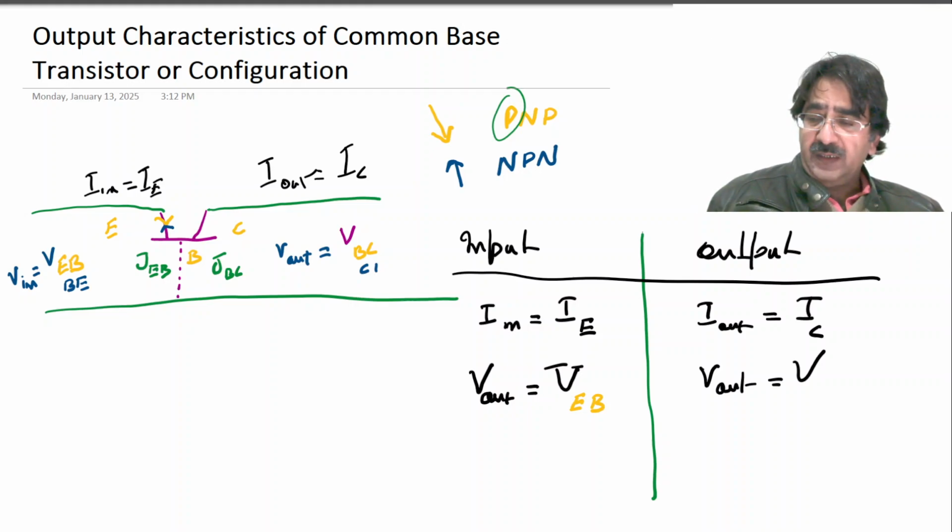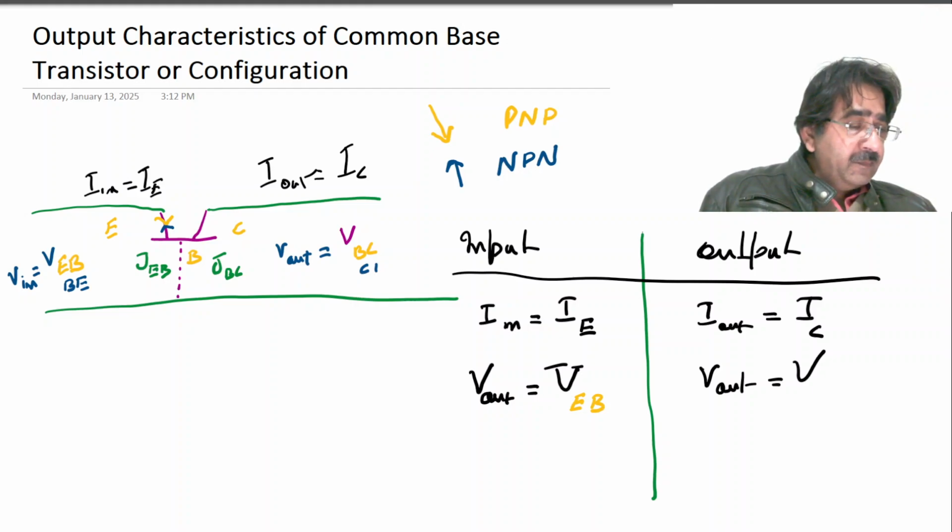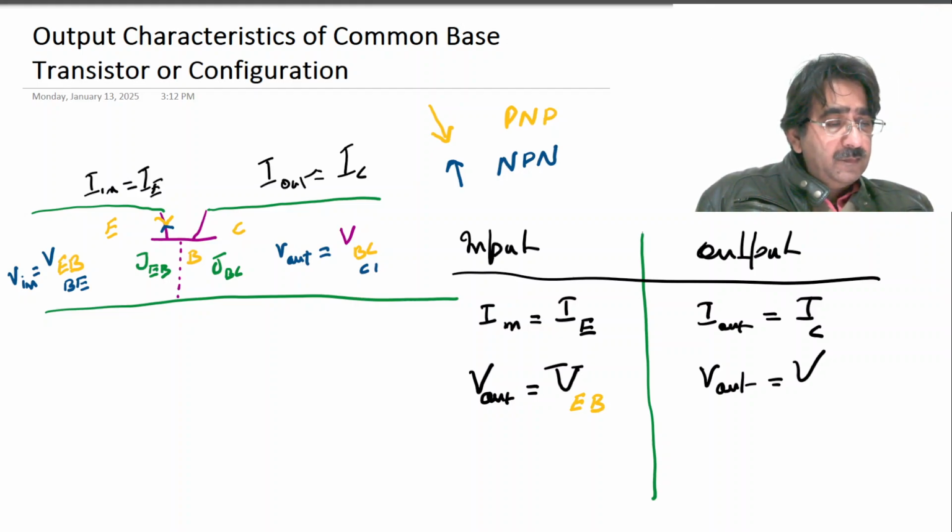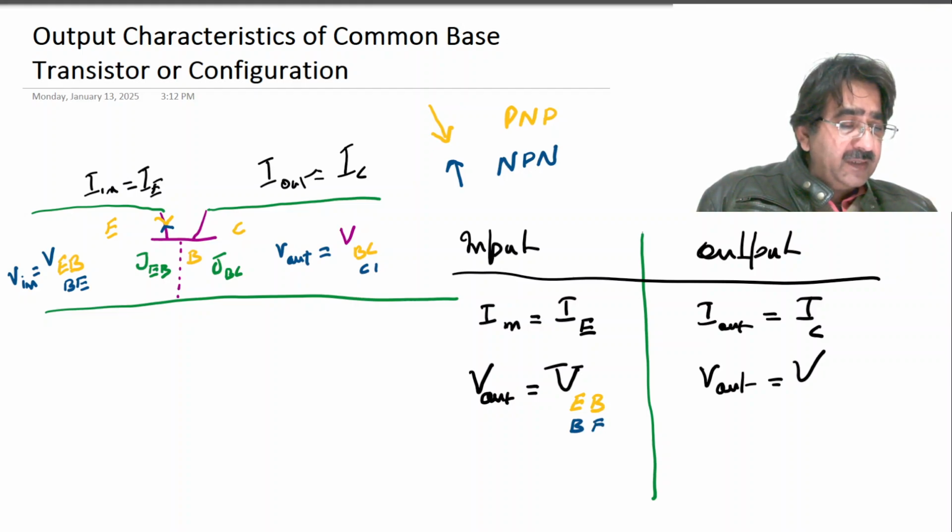For NPN the base voltage will be high and the emitter voltage low.